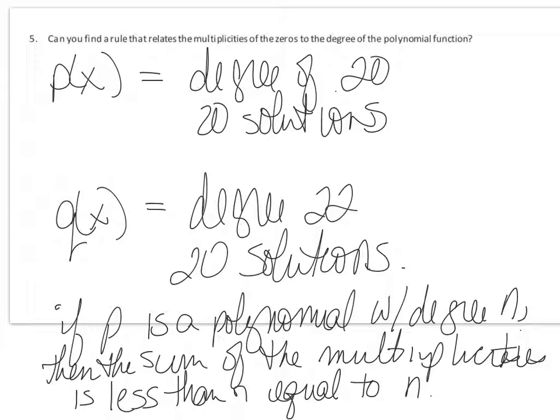Okay? So the solutions have to be less than or equal to n. So this is a degree of 22. The number of solutions is less than the degree. Degree of 20, 20 solutions, equal to.